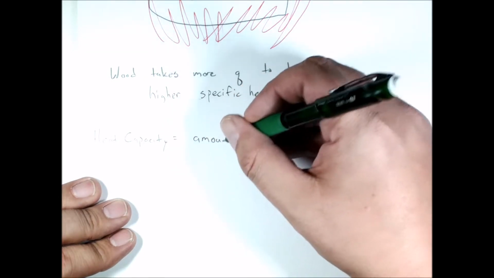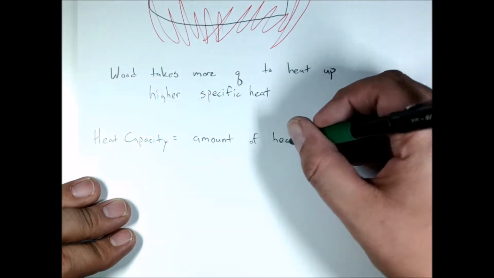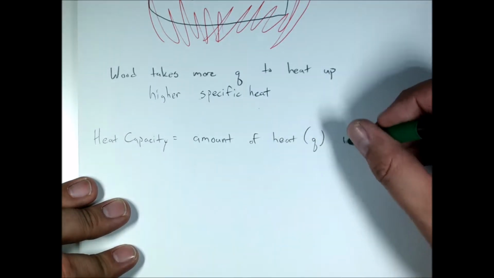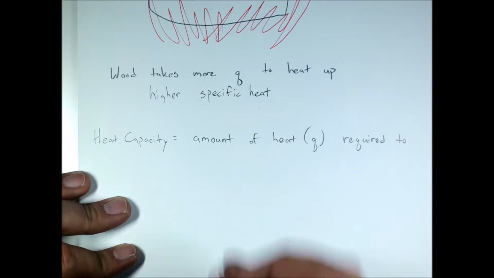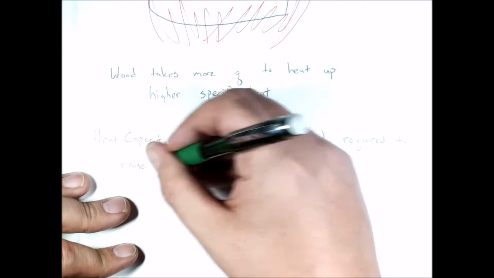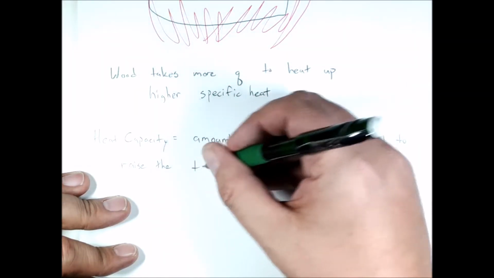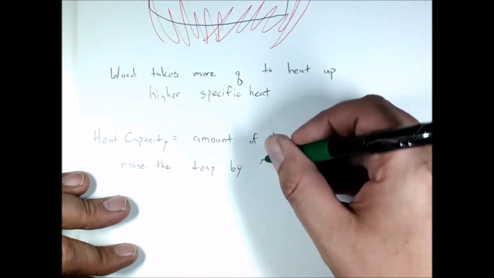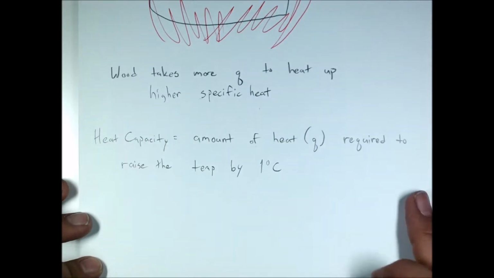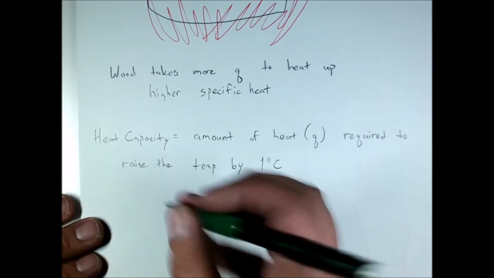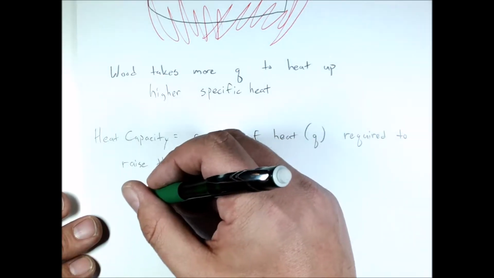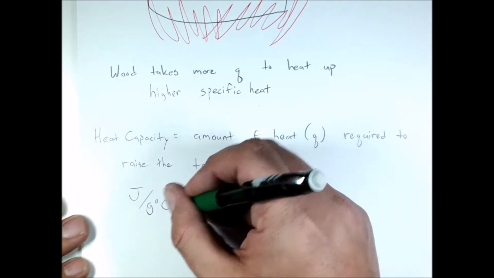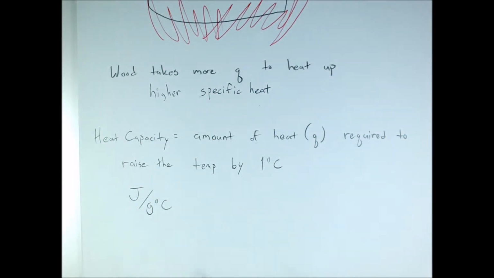So once again, here is the amount of heat, or Q, required to raise the temperature by 1 degree C. All right, if we're working in metric, the units here are joules per gram degree C. The joules here, J, is a heat term.